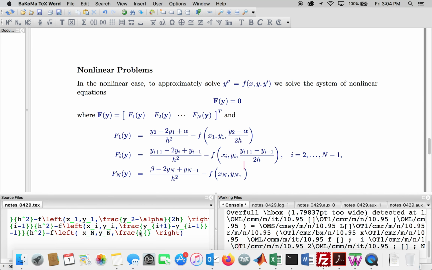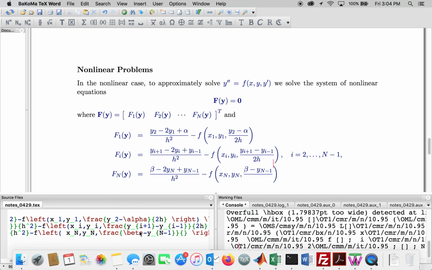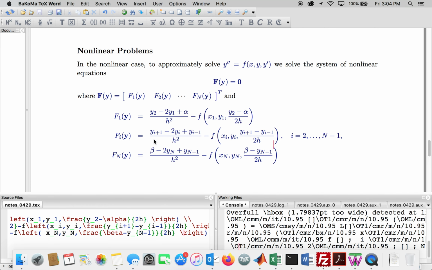All right, so I have beta minus yn minus 1 all over 2h. Okay, so these are the n equations in the n unknowns, y1, y2, up to yn, that we need to solve using some root finding method.